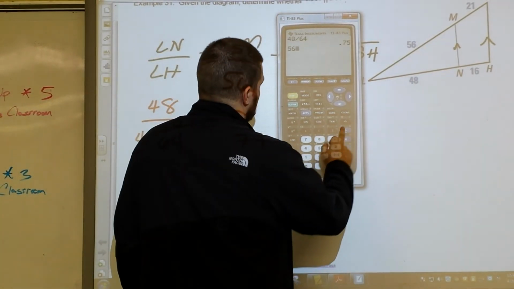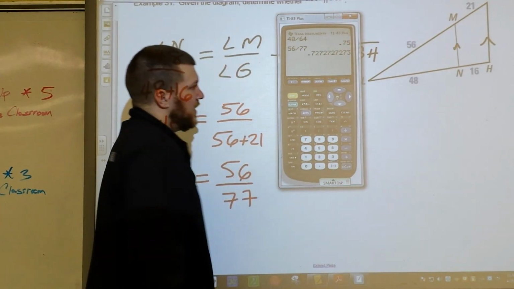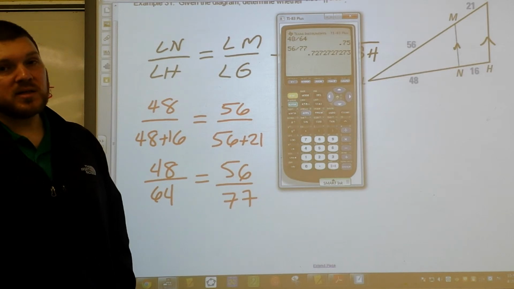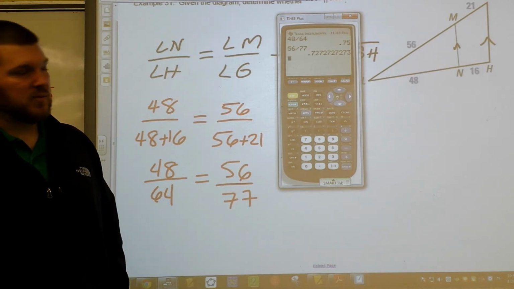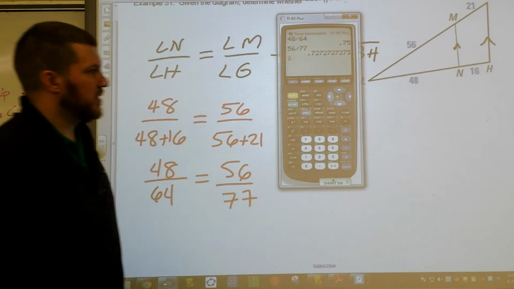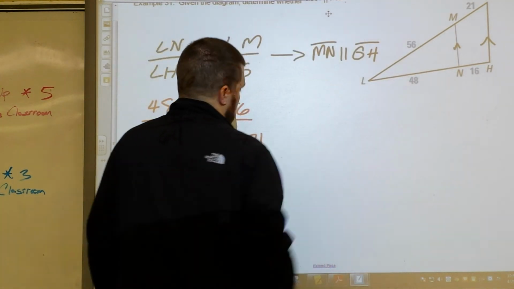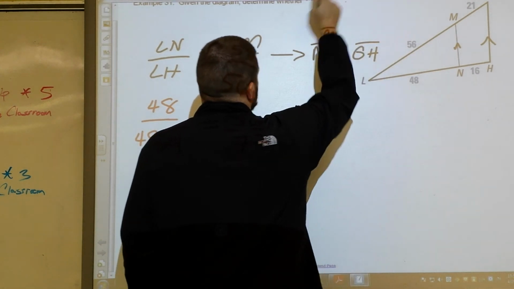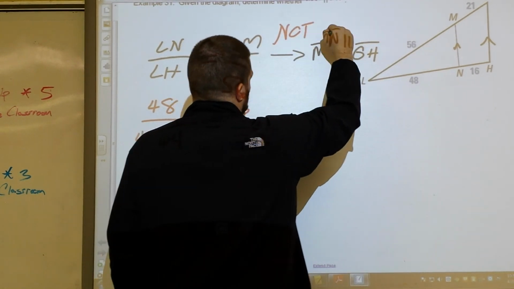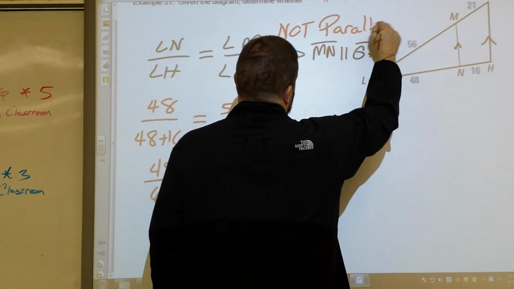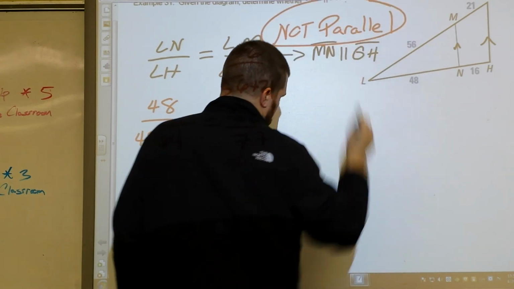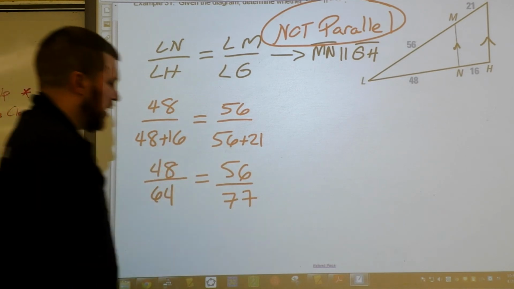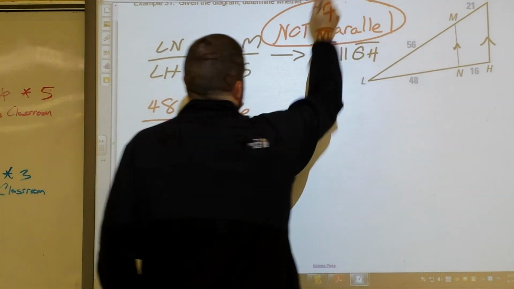Now 56 divided by 77, I get 0.727, which is close, but not exactly the same. For this rule to work, they have to be exactly the same. So since they are not equal, that means it's not parallel. And that's what we show. Those two sides are not parallel because these two are not equal to each other.